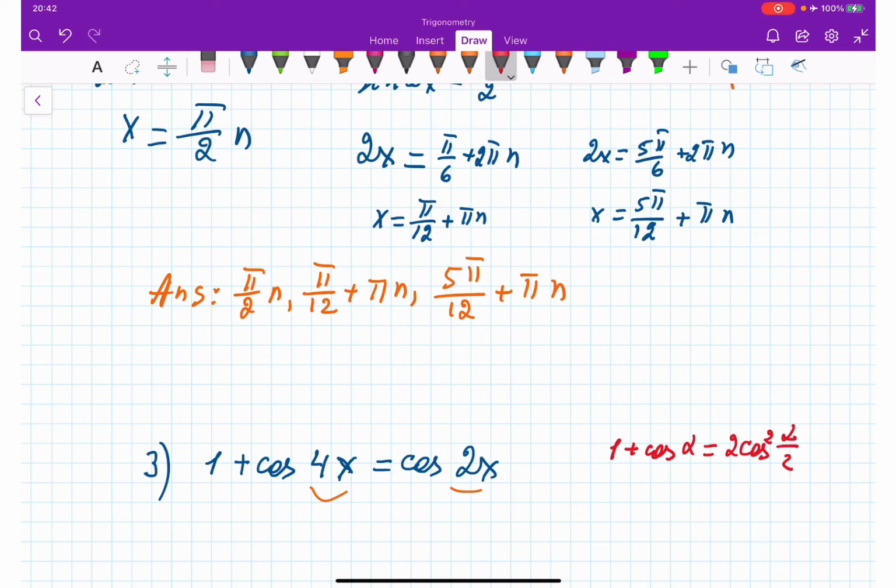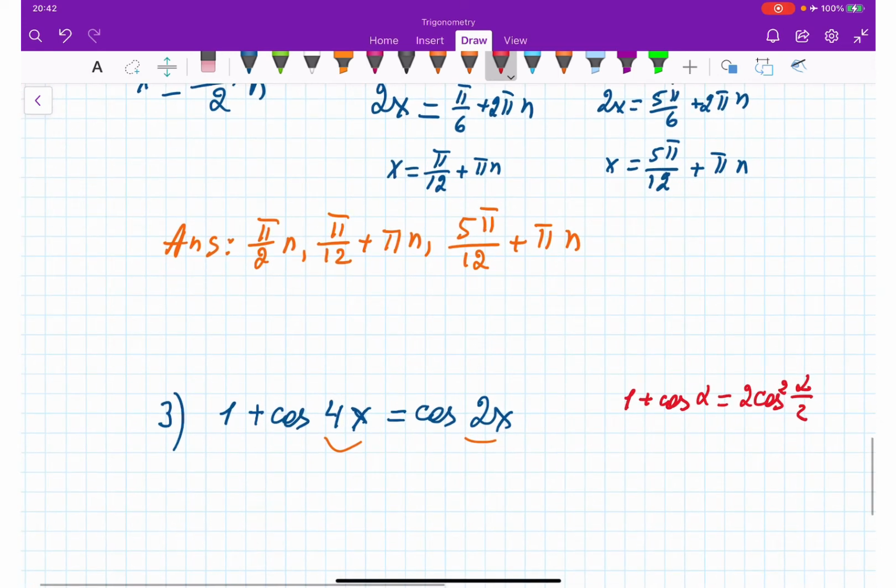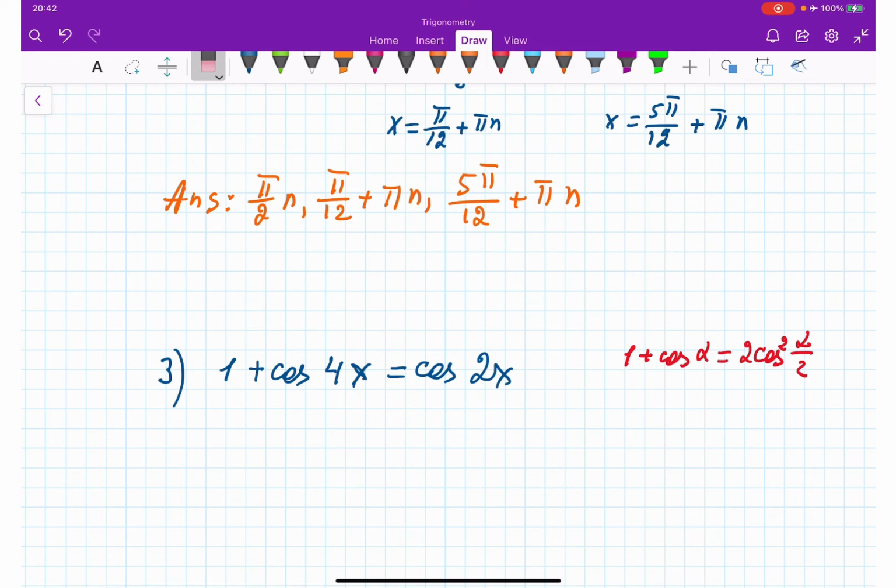Remember, 1 plus cosine alpha gives you 2 cosine square alpha half, but 1 minus cosine alpha gives you 2 sine square alpha half. Since we have 1 plus cosine 4x, we're going to use plus, so we will get cosine, which will work perfectly because on the other side we also have cosine 2x.